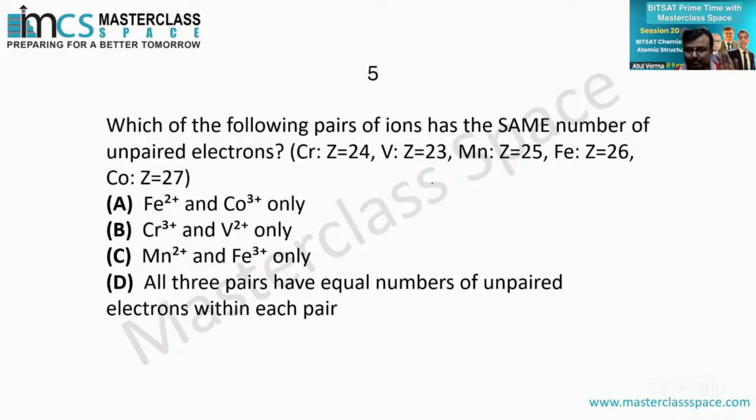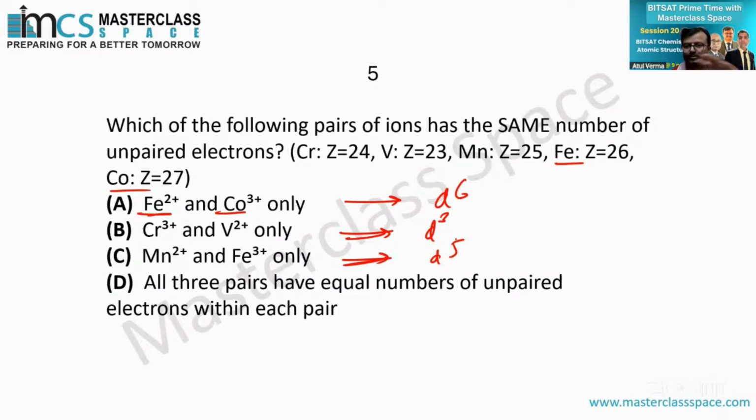The other way, if you just pause for 1 second and look at them: Fe and Co, which means adjacent elements we are talking about, and Co has been removed with 3 electrons and Fe has been removed with 2 electrons. So what we are essentially talking about is that you are keeping both of them the same. What are you making both of them? You are making both of them d6. Similarly, here both of them you are making d3 and here both of them you are making d5.